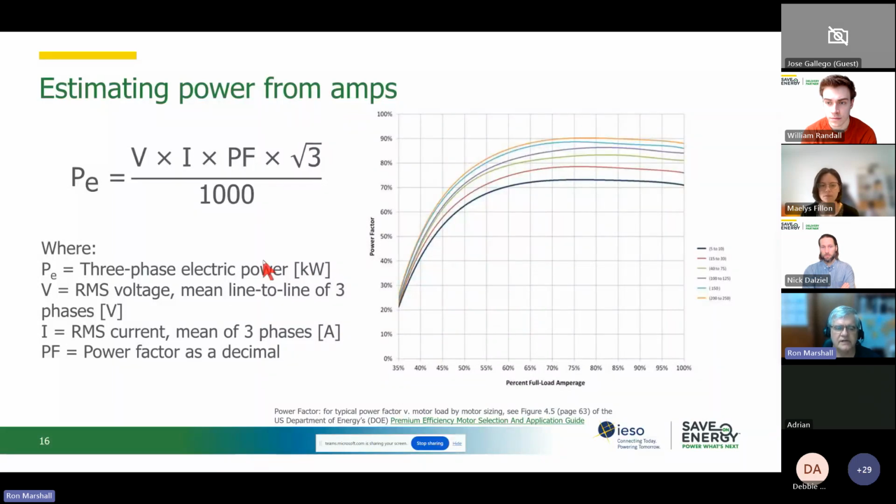And the power factor is the most difficult to get because it's okay at full load. It'll say right on the motor usually what the power factor of the motor would be at full load. But as the compressor comes down in load factor, the power factor changes. So if it's a load unload compressor, it's spending a long period of time in unloaded condition.